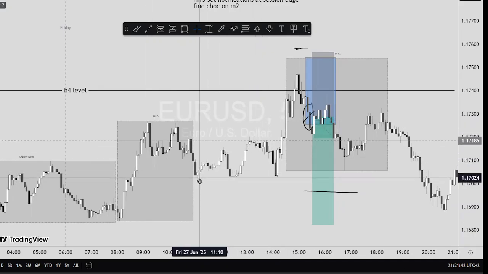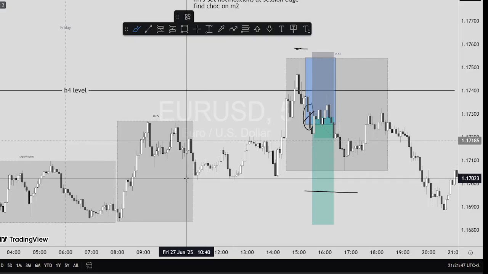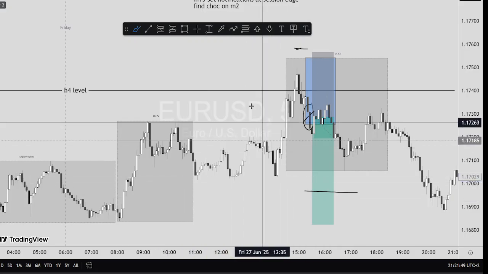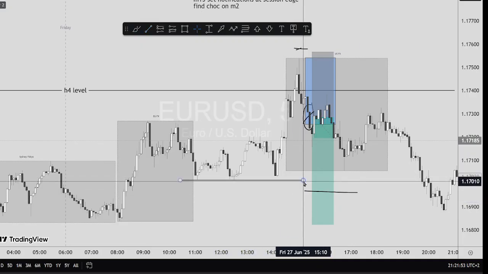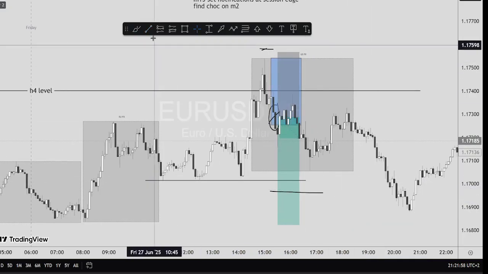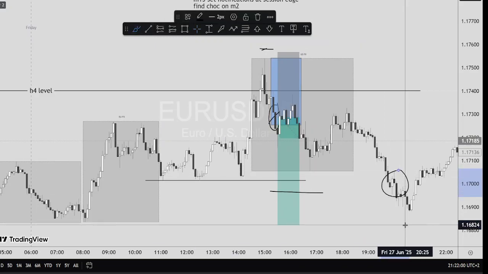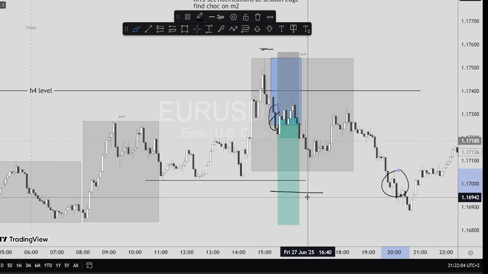So this is the chalk level. And that means at this level, we also take out another 10%. So here, I'm taking out 20% of the position and moving to break even.